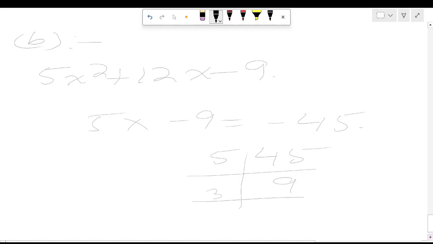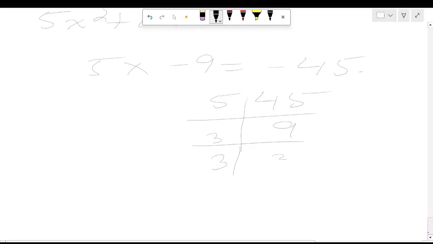Then 9 is divisible by 3, 3 is divisible by 3, and then here we will have 1. So now 5 threes are 15, and then here we have 3. So if we multiply 15 with 3, we will get 45. But if we subtract them, we will get 12. So this aligns perfectly with our quadratic expression.